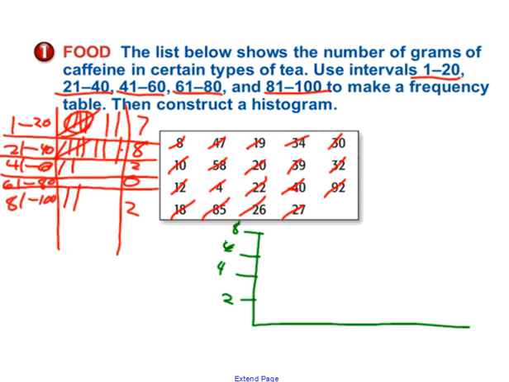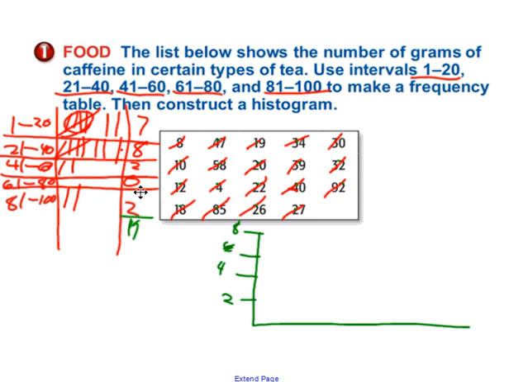I do need to go back here and do one quick check to see if all of the data points were represented. 7 plus 8 is 15, plus 2 is 17, plus 2 is 19. 1, 2, 3, 4, 5, 6, 7, 8, 9, 10, 11, 12, 13, 14, 15, 16, 17, 18, 19. So I do have all 19 represented.